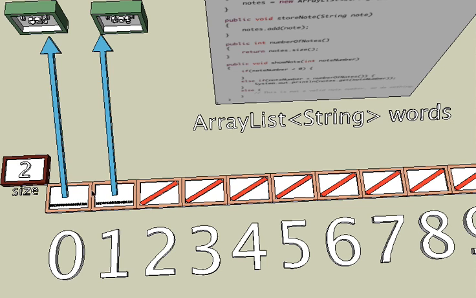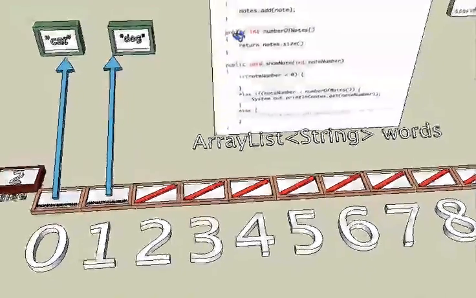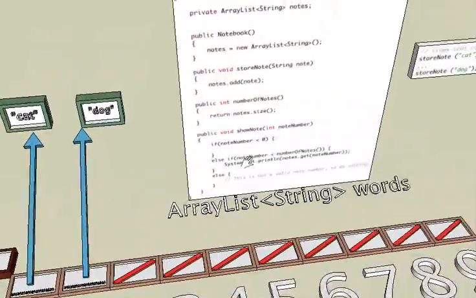All the occupied elements of an array list need to be on the left, and then all the null elements are to the right of that. There are no null elements stuck in between occupied elements. Very important fact, that's the way an array list works. Okay? So now let's look at this code.